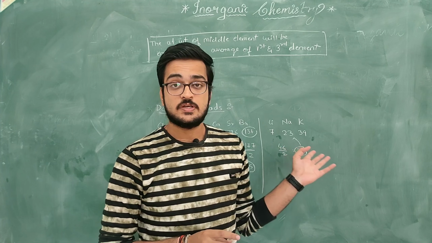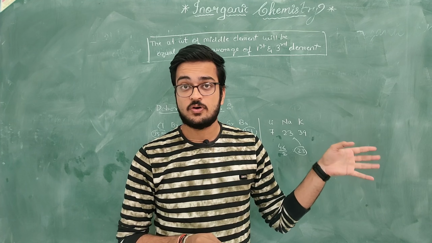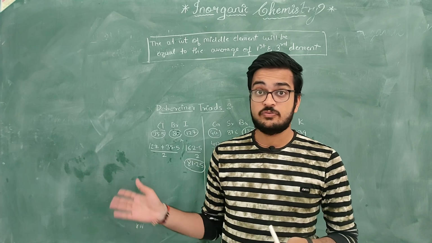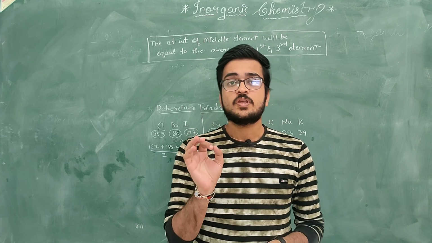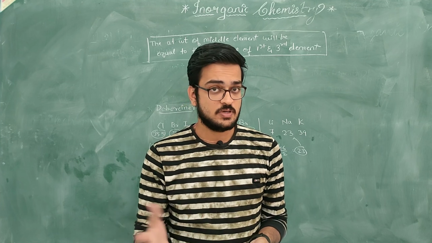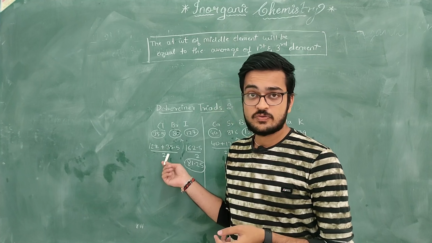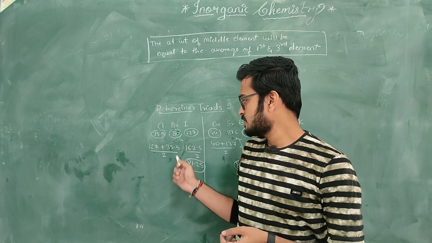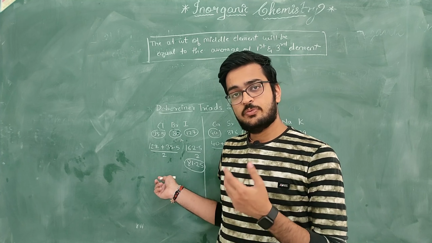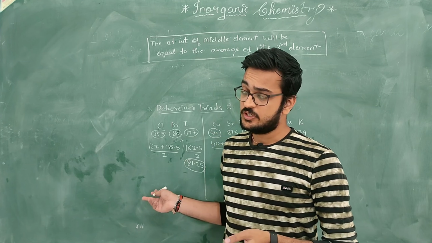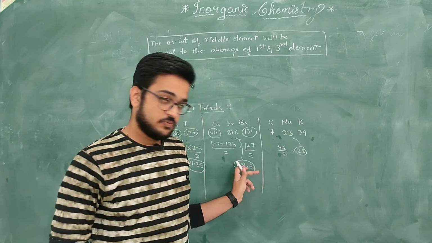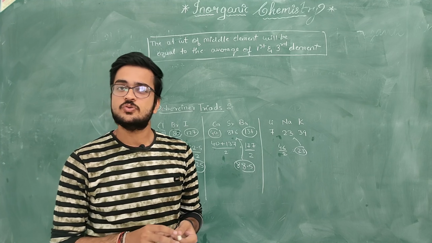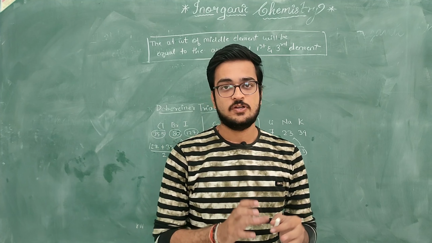If I talk about Dobereiner's law, many elements which were discovered later did not obey it. Now you'll say, sir, how will we understand, because it's still differing. If it differs by 1 or 2, maximum, like here the difference is almost 1.25, and here about 0.9, we calculated through Dobereiner's formula, you can consider it as Dobereiner's triads.